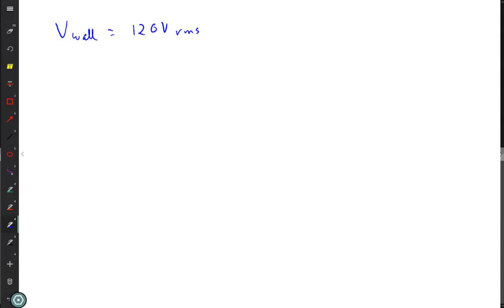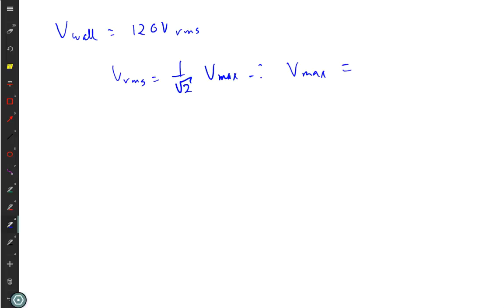What's the peak voltage coming out of the wall? What's the maximum voltage coming out of the wall? If I solve this for Vmax, what do I get?